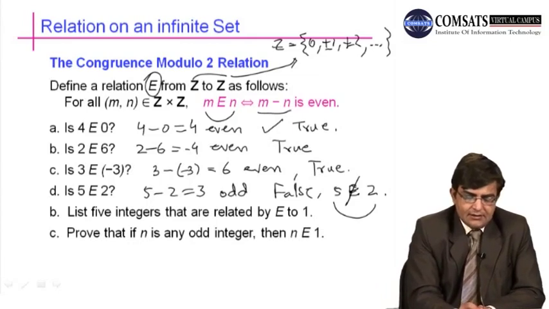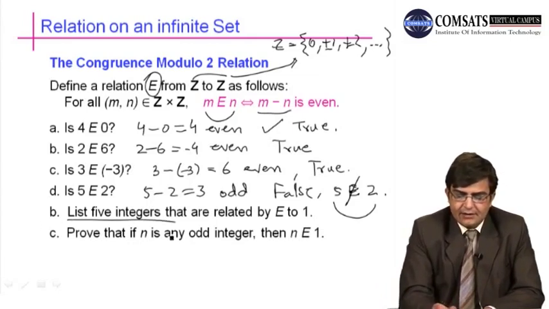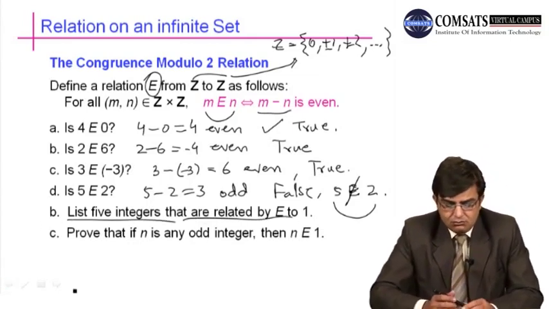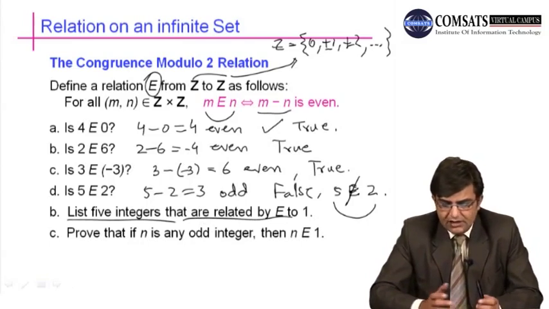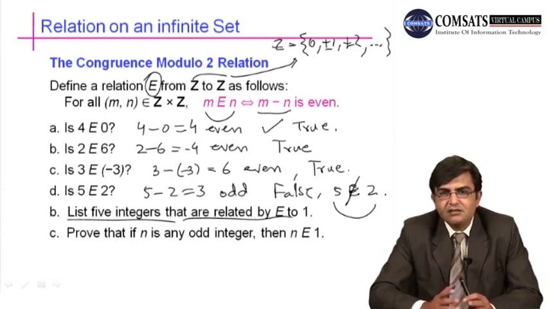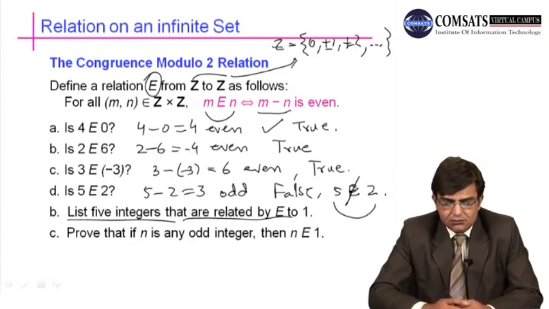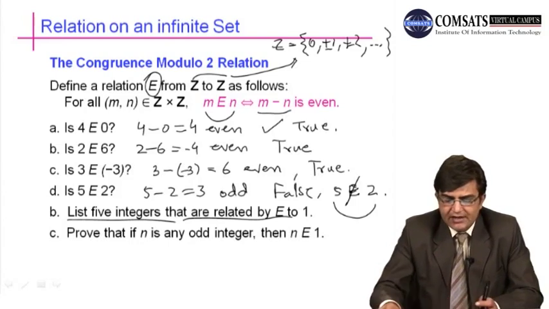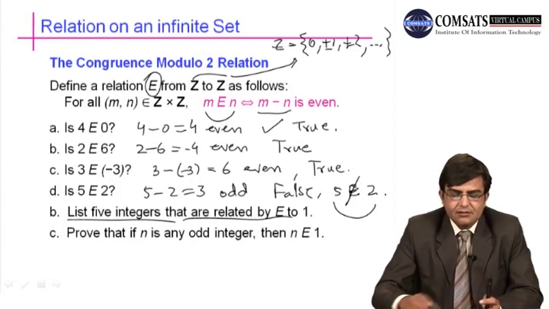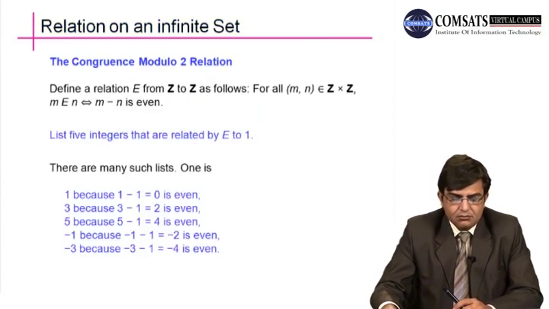The next case is to list 5 integers that are related by E to 1. We can take 1, 3, 5, 7, 9. Similarly, we can take as many integers as we like which are related to 1.